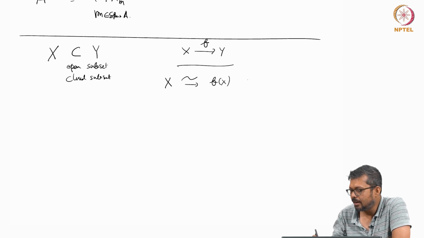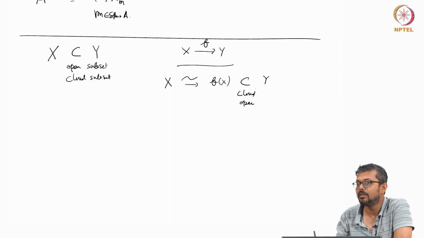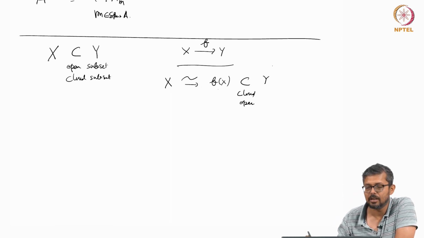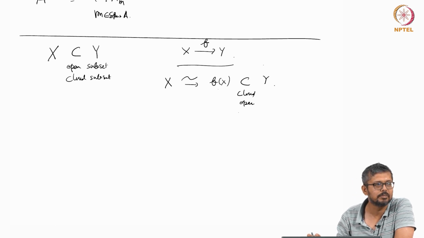And not only that, whatever property you want: if F(X) is a closed subset of Y, then you call it a closed immersion. If it is an open subset in Y, then you say it is an open immersion. Right, so this is the definition.